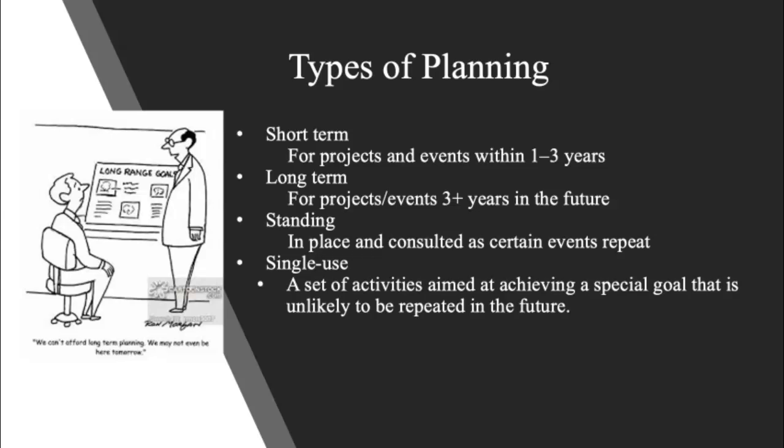I'll give you an example. When New Orleans is bidding for the 2023 Super Bowl, that's a short-term plan, because that is something that's going to happen in the next 2 years. For the long-term plan, we plan something 3 years or longer in the future. One example is Salt Lake City, which is currently planning to bid for the 2030 Winter Olympic Games.